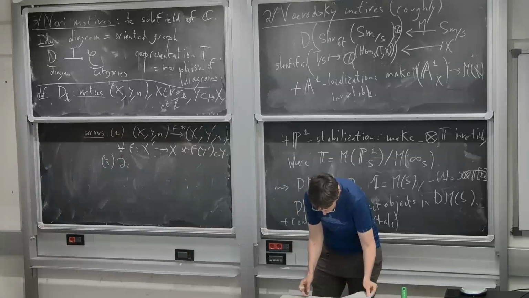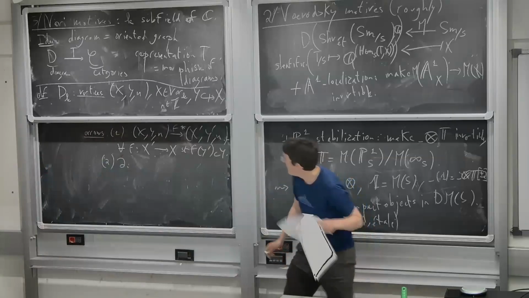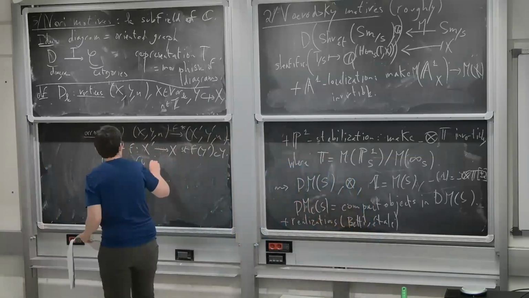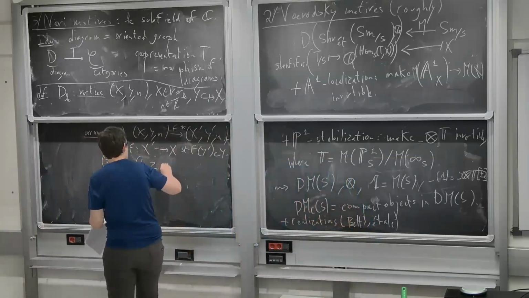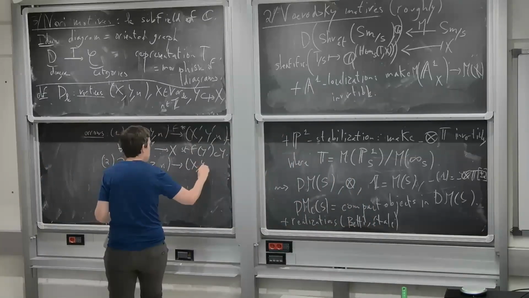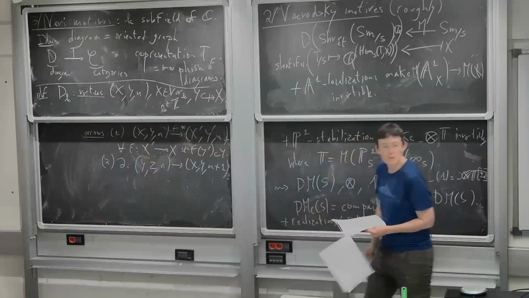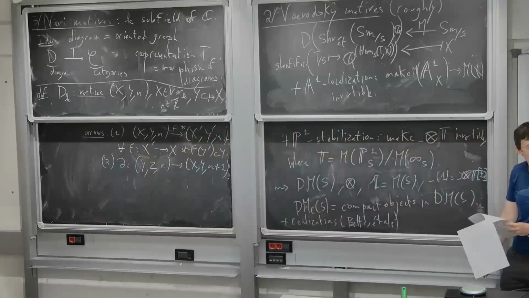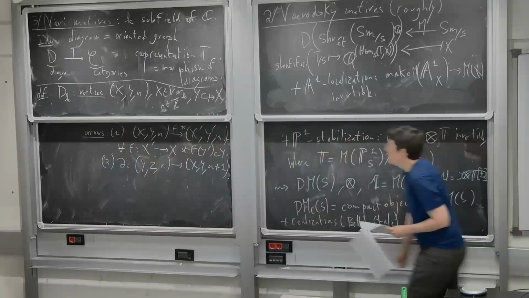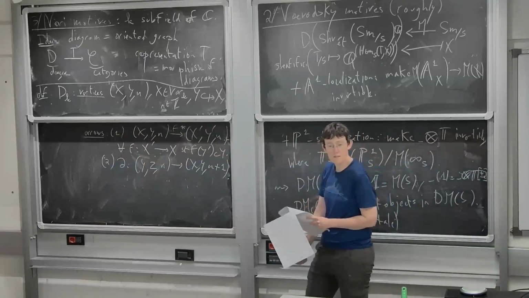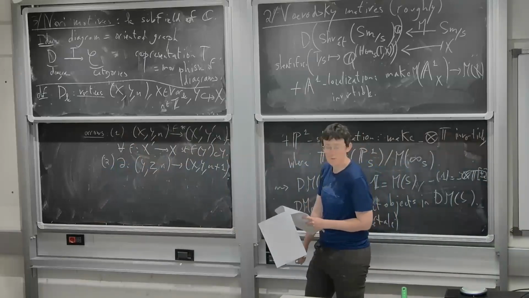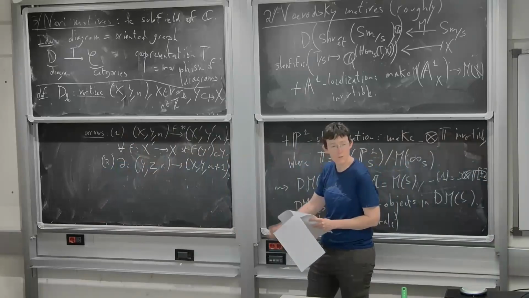So connection arrows go from (Y, Z, n) to (X, Y, n+1), where Y is a closed subset of X and Z is a closed subset of Y. Is Y a subscheme or just a subvariety? It doesn't matter, because you're going to take cohomology, which doesn't see nilpotents. So you can just take a closed subvariety.